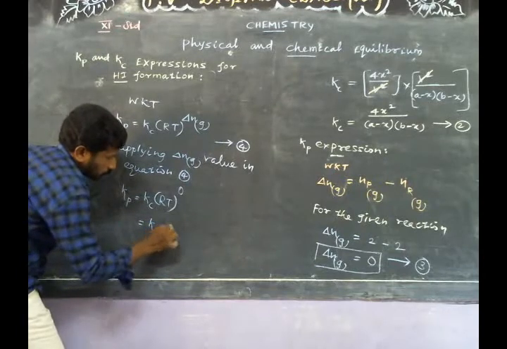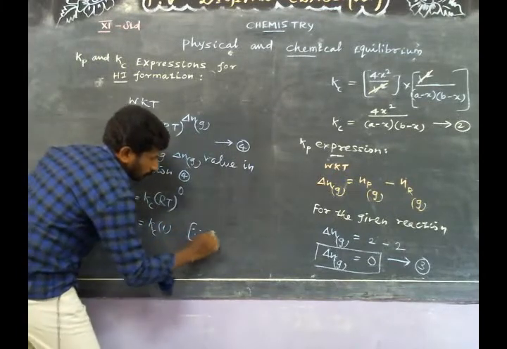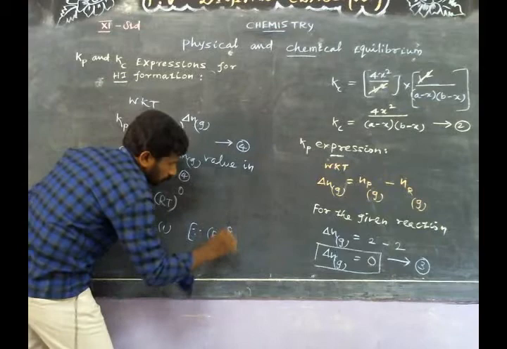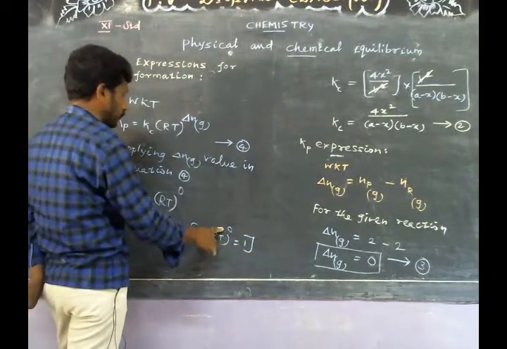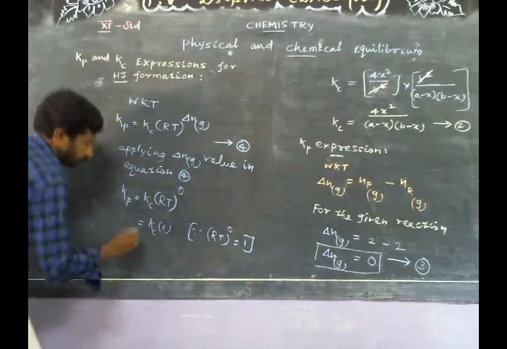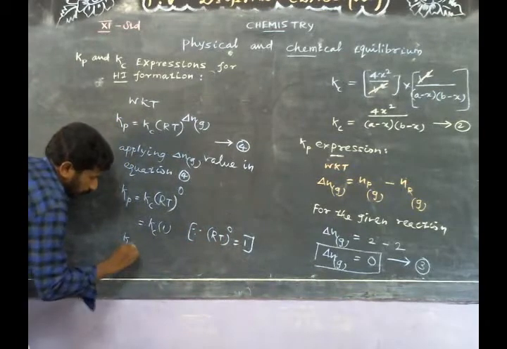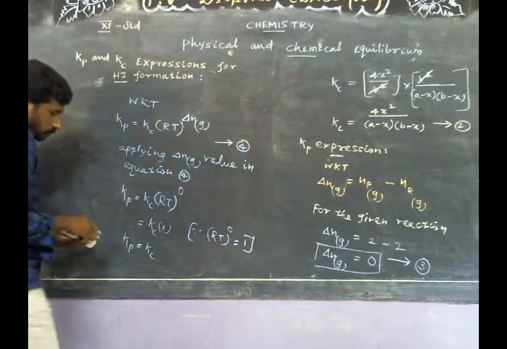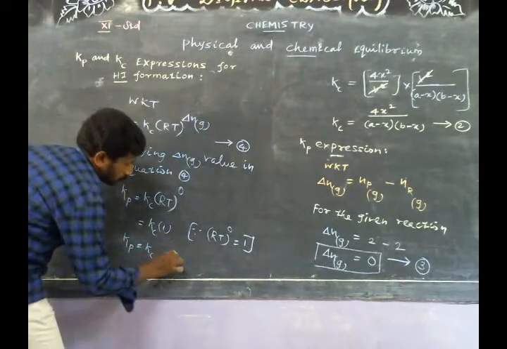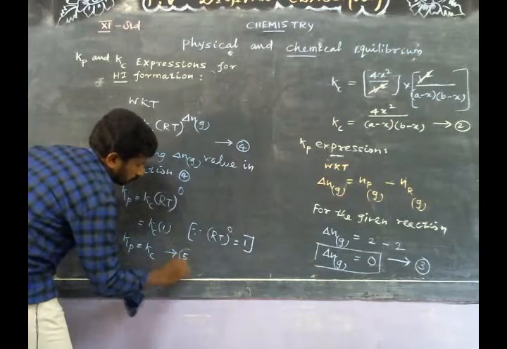Kc into 1, since RT whole to the power 0 is equal to 1. Constant to the power 0 is equal to 1. Therefore, Kp is equal to Kc. This is equation number 5.